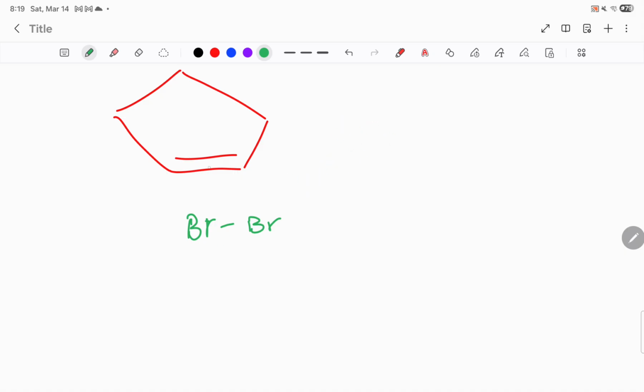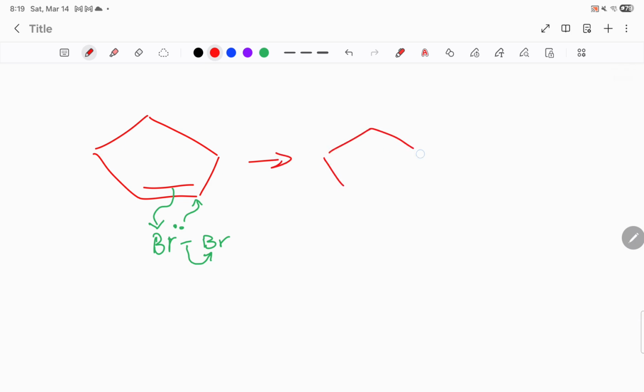The alkene is going to act as a nucleophile, right? It will grab this Br. At the same time, this Br will attack this area here, and the bonding electrons are going to have to go to this Br. Why? Again, bromine is not going to be making 3 bonds at the same time, right? So let's see what this is going to get us.